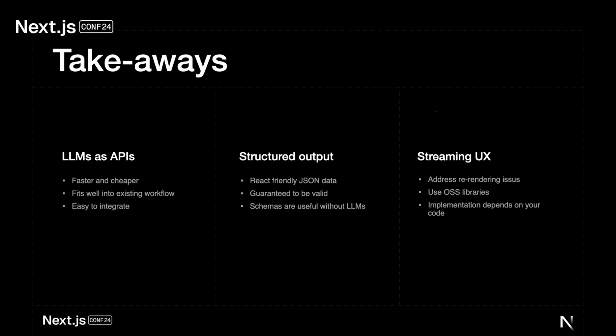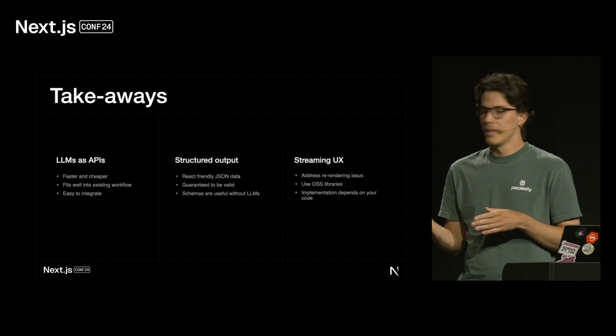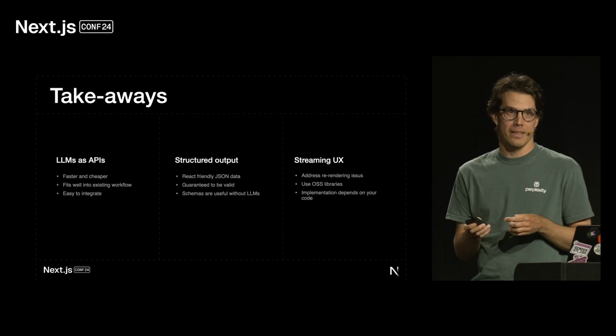And use schema streaming or similar approaches to address re-rendering issues, to work around the streaming nature of LLMs. Following these steps can help you leverage the power of AI in the products you are working on right now. That is it.